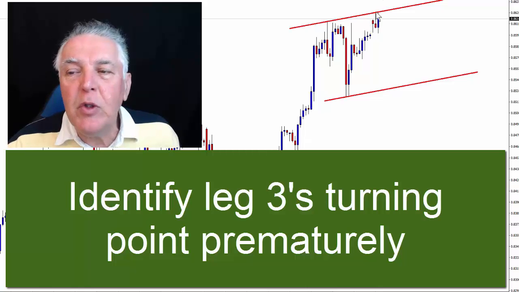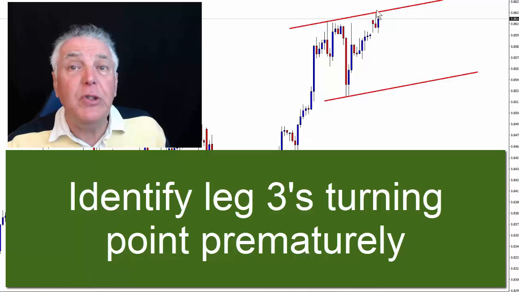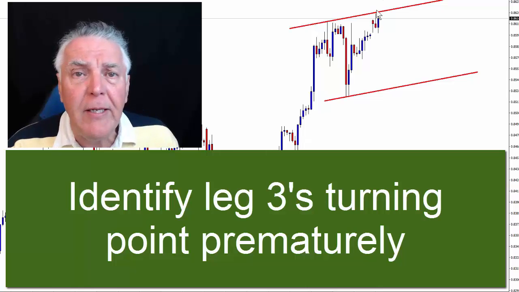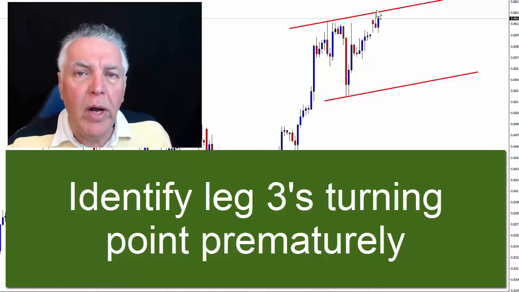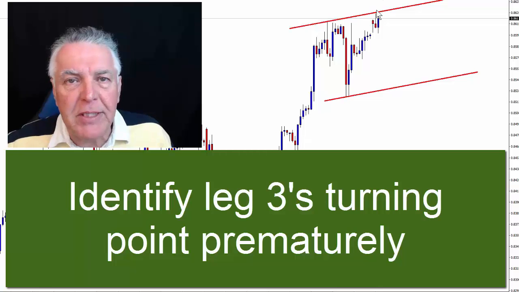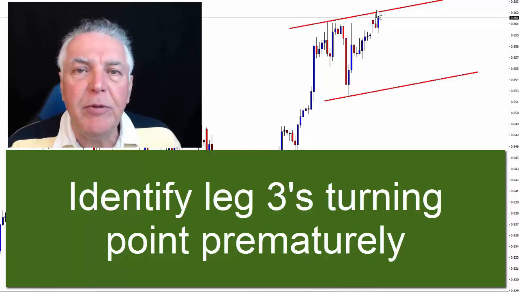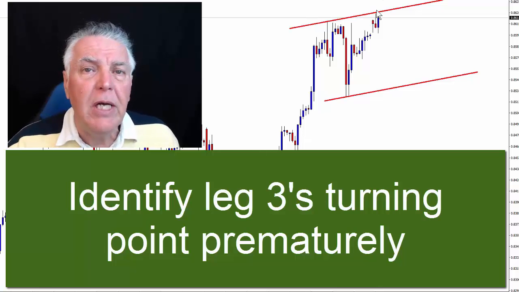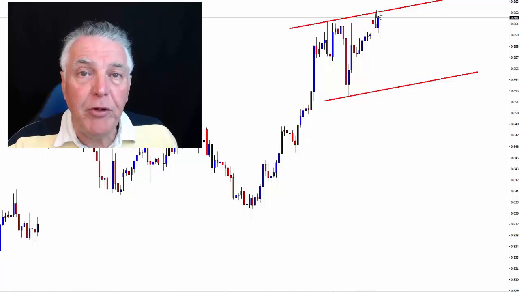So this is not point 3 yet, and a lot of traders rush to find point 3 too quickly. There must be a good rejection. The price must be going in one way, and then the rejection must happen in the other way pretty strongly to result in a turning point. So a lot of traders often draw the third turning point prematurely.